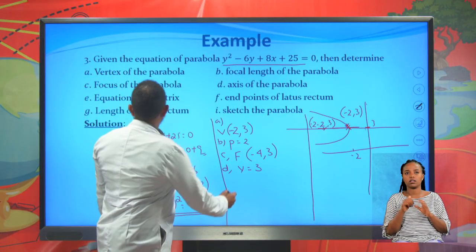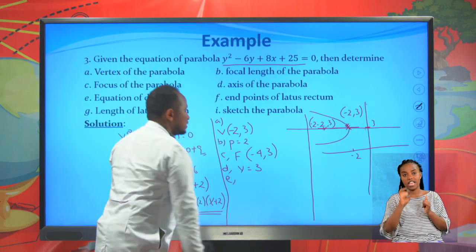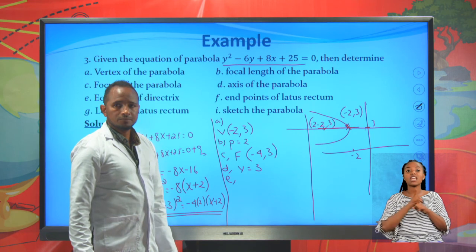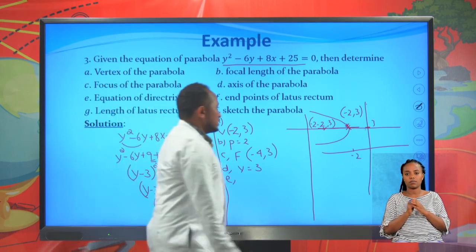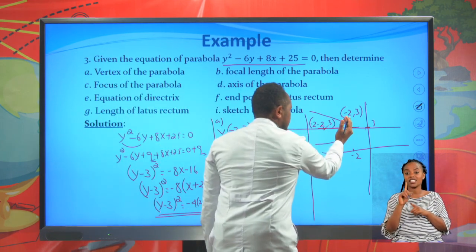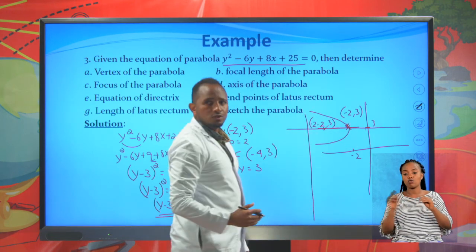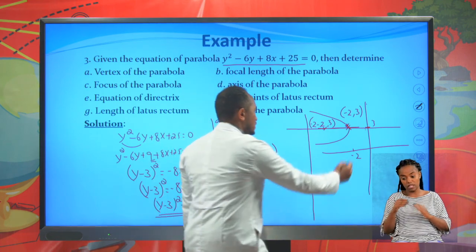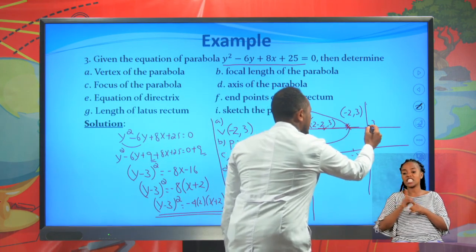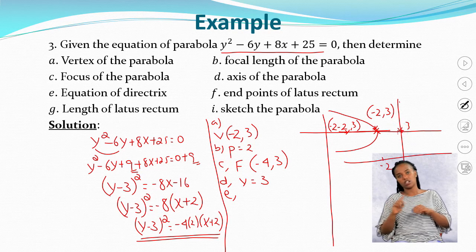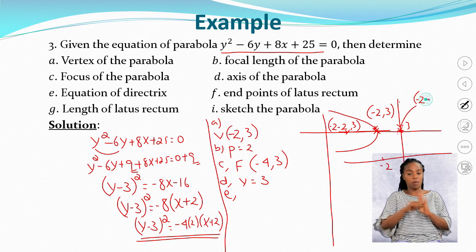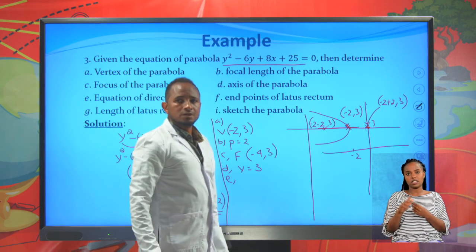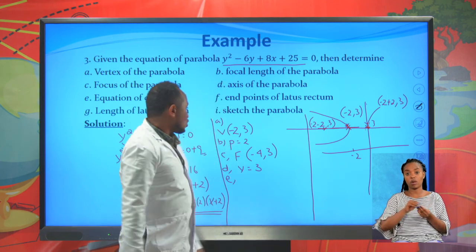Now E, equation of directrix. The directrix moves 2 units to the right because p is 2. Therefore the directrix will be at this point, moving 2 units to the right, or simply you add negative 2 plus 2, comma 3, which is 0, 3.